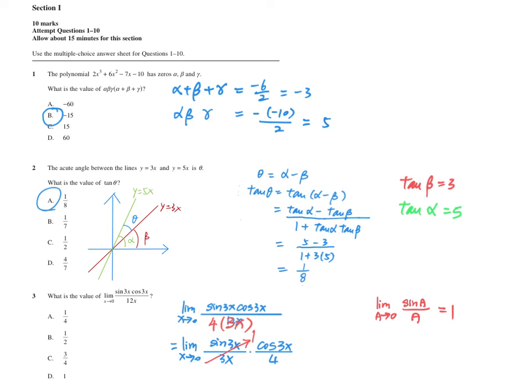And cosine 3x over 4, when x equals 0, cosine 0 equals 1, so this fraction turns out to be 1 over 4. 1 times 1 over 4, the answer should be 1 over 4, and the answer is A.